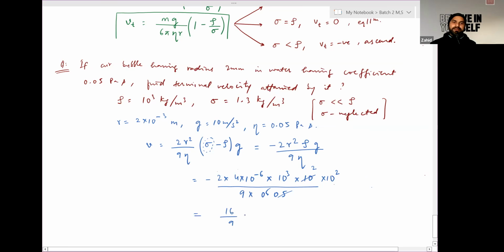Divide by 9 with negative sign into 10 to the power of 3 plus 3 plus 2 plus 5 minus 6. So it will be minus 1. 16 by 9 will be 1.7078 into 10⁻¹, or you may write it as 0.17 meter per second.